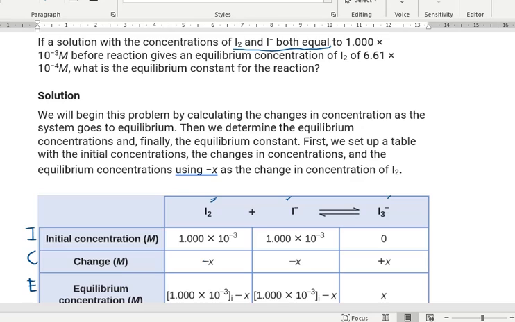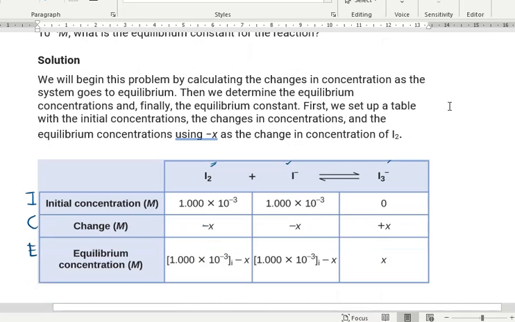Okay, wait. Let's fill in the given first, the equilibrium concentration. So, we were told that the equilibrium concentration of I2 is 6.61 times 10 to the minus 4. Okay?